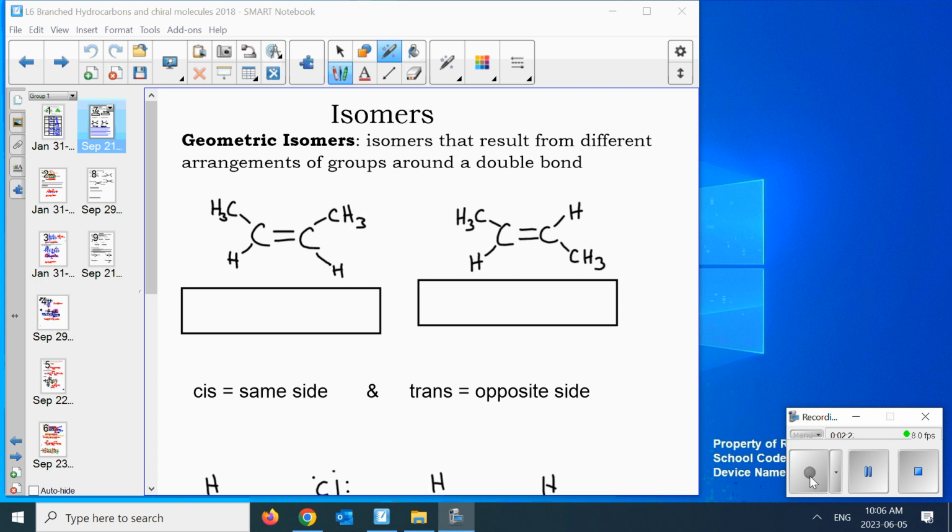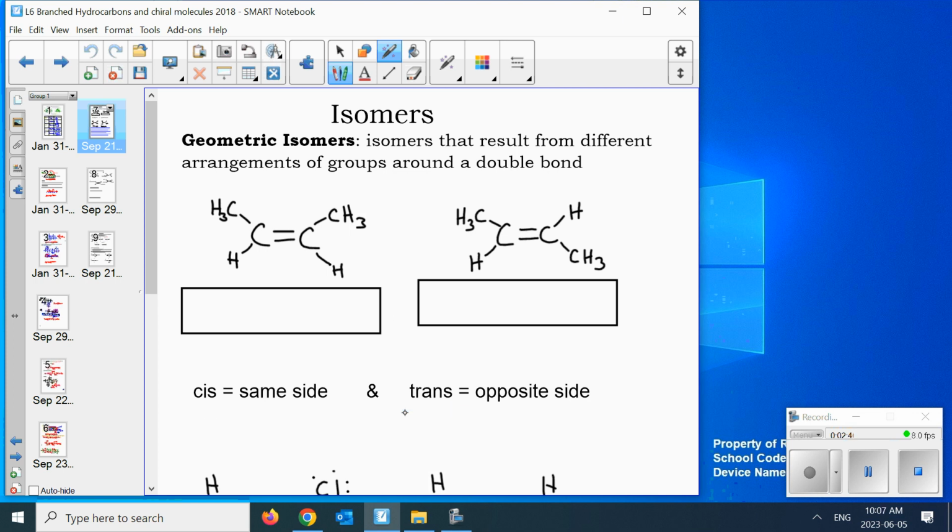So, there's some prefixes you're familiar with. Cis and trans. Okay? So cis, same.